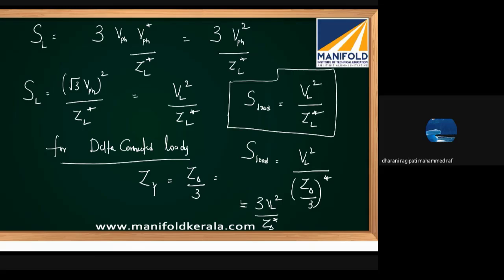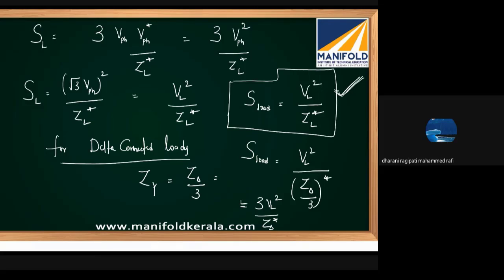Rather than remembering this formula, I suggest first converting the delta impedance into star impedance and applying the same old formula. If you have more intuition to remember formulas, you can remember it becomes 3 V_L square by Z delta conjugate.